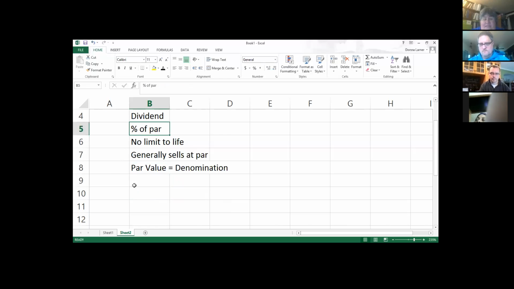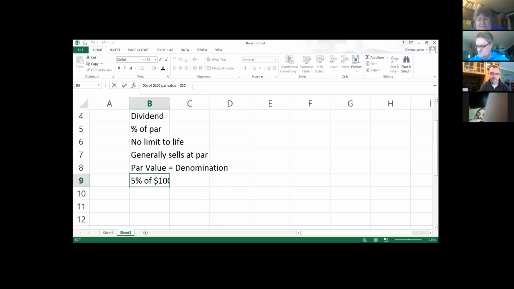And then when you see the percentage up here, it's a percentage of that amount. So if the bond said it had 5% of the $100 par value, it means the dividend's going to be $50. Sorry, $5.